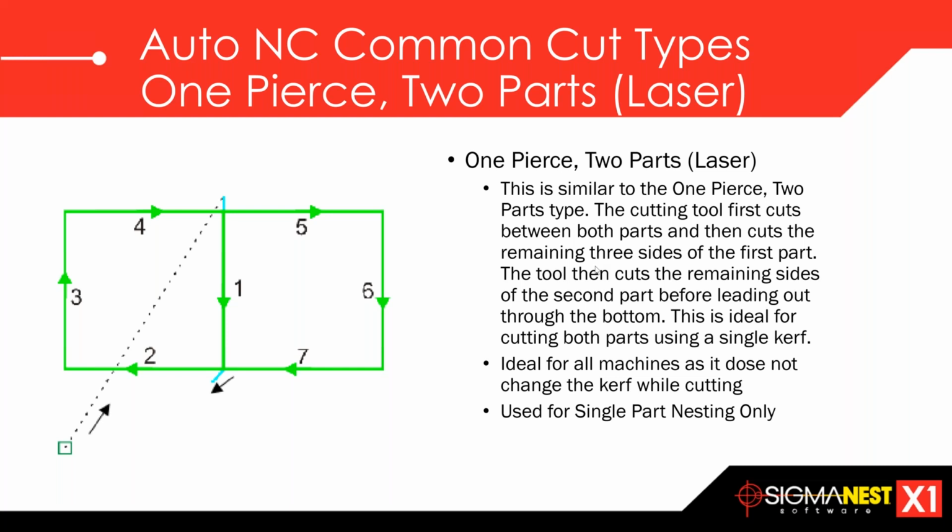This maintains the original cutter comp so that it's not switching back and forth. Most laser systems will benefit from this. And again, this would be used for either a single part nest where it's just one part with one common edge.